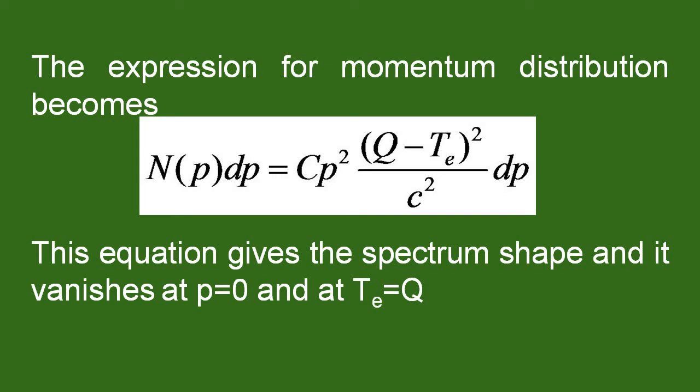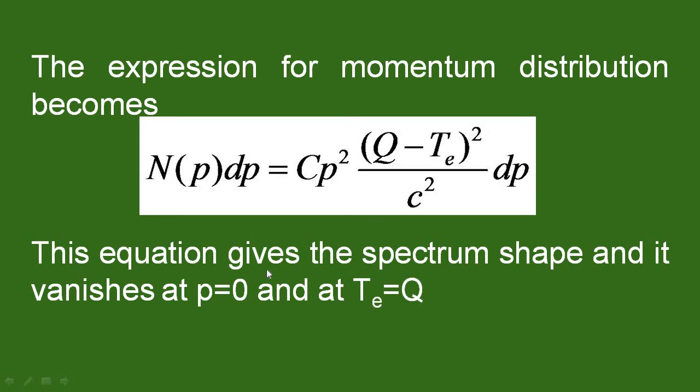In our last lecture, we have stopped here. The momentum distribution, we have written the expression as n of p dp equal to c p square (Q minus Te) the whole square by c square into dp.